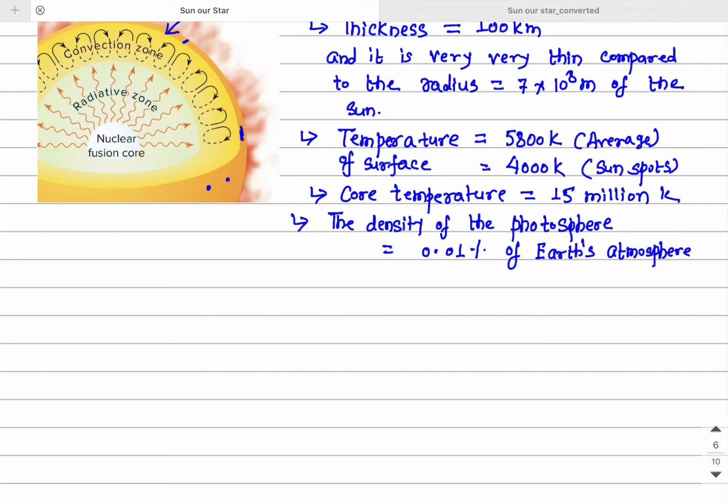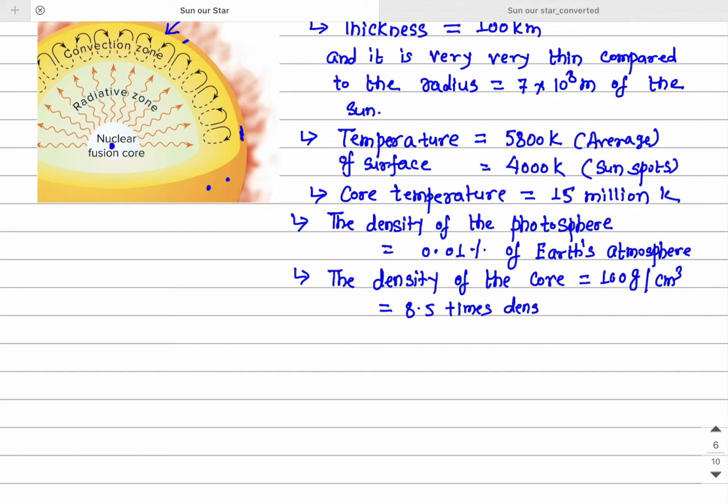Right? So if you compare to the density of the core, the density of the core is about 160 gram per cubic centimeter, and this is about 8.5 times denser than gold.